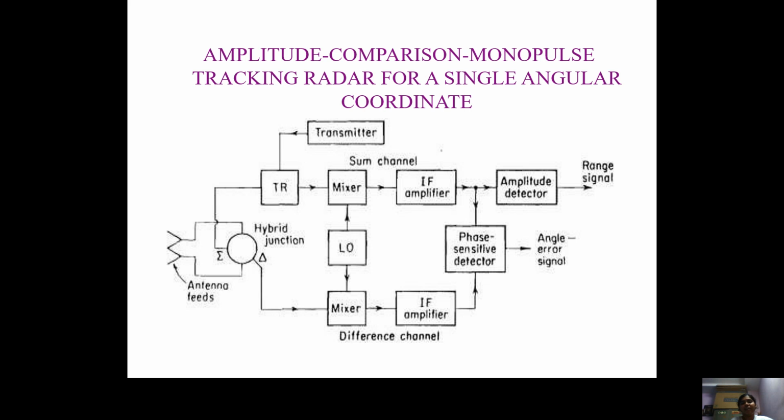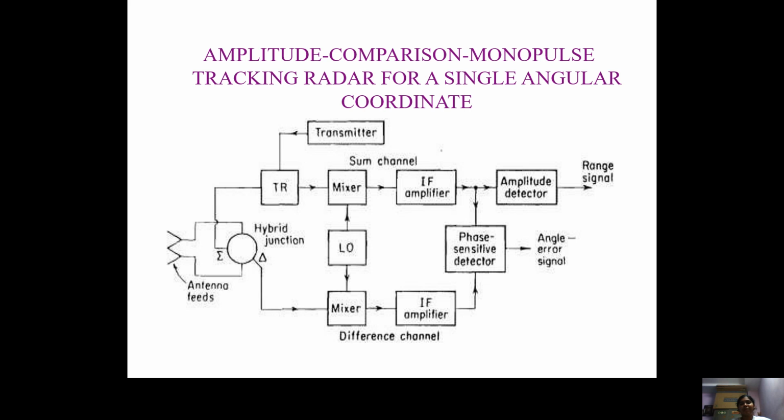When the received echo signal is given to the mixer, a reference signal from the local oscillator is generated. The echo signal in the sum channel is combined with the local oscillator signal to maintain the phase shift as it is in the received echo signal.